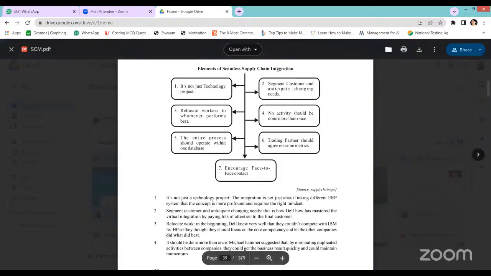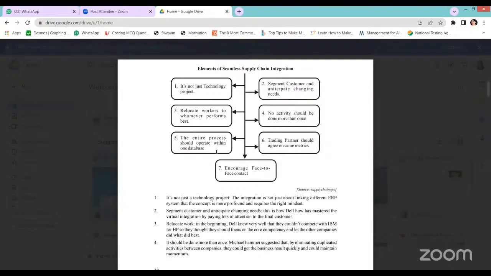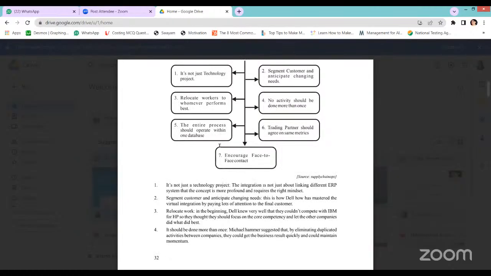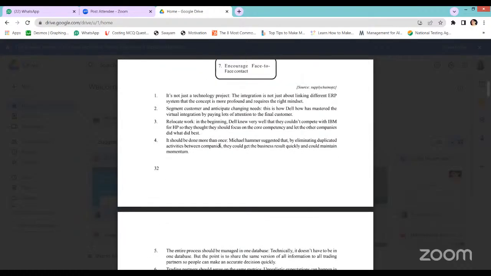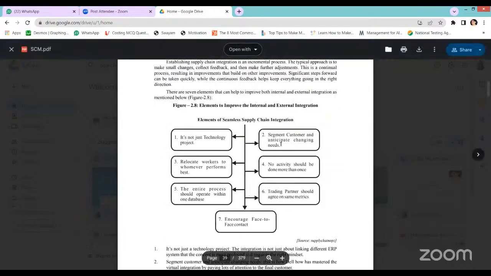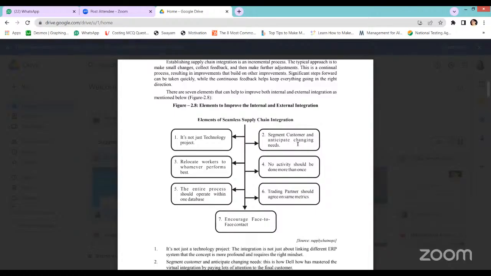Elements of supply chain integration: it's not a technology-related project. Segment customers and anticipate changing needs: identify the customers based on their segment, and accept the changing needs.